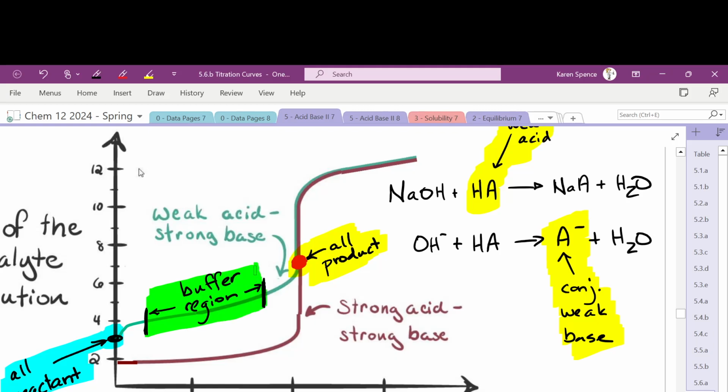We have some of each. And if I have some reactant and some product, I have a weak acid and its conjugate base, which means that I have what kind of a solution? A buffer solution, okay?